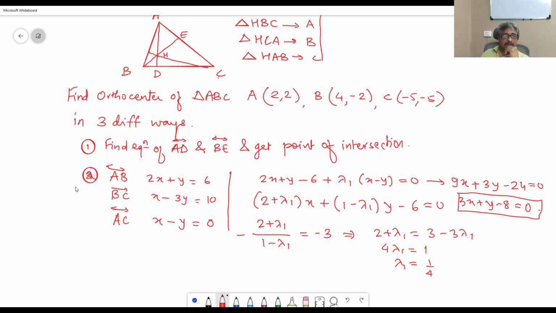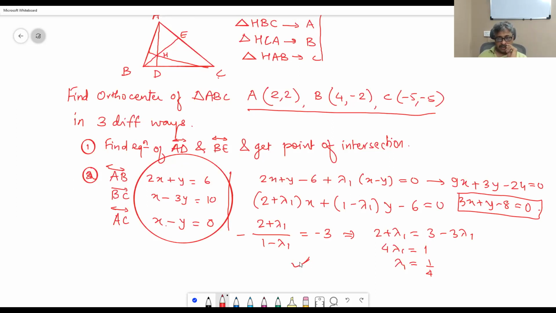Maybe if you have been given 3 lines like this instead of 3 points, this method might be worth going about, because you don't need to really find out the points of intersection. Okay, so 3 different ways. These 3 different ways are a little long, but what I was trying to tell you is, if 3 points are given, then whatever method you have adopted is the best method for finding the orthocenter.